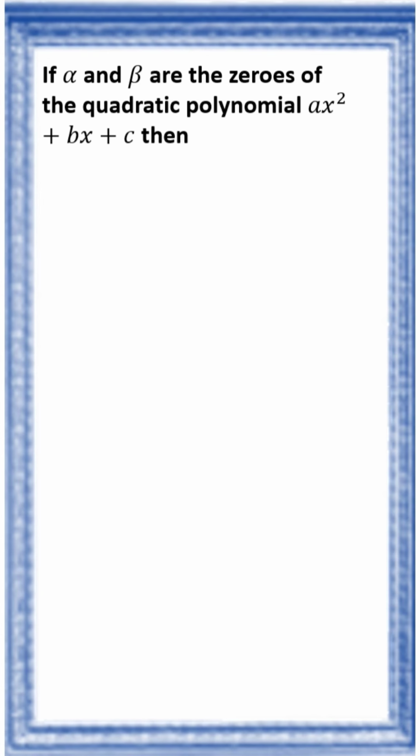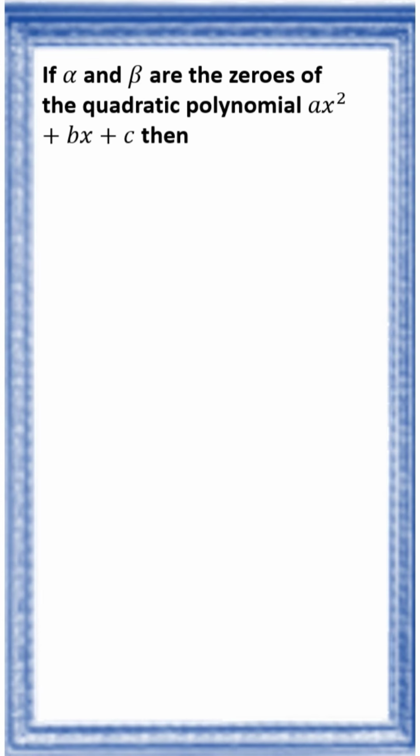If alpha and beta are the zeros of the quadratic polynomial ax square plus bx plus c, it has two zeros. Then there is a relationship between the zeros of the polynomial and coefficients.